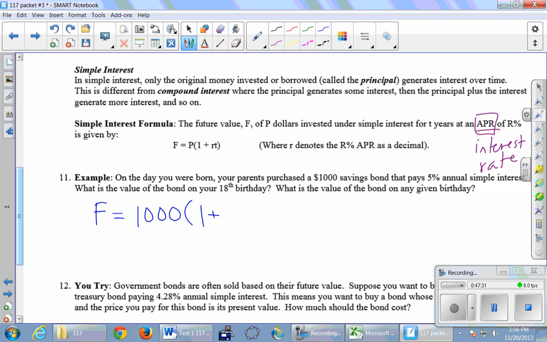But there's this really important note here that says you've got to write that thing as a decimal. 0.05, which is different from using the formulas we had up above, where when we said 40% off, we just put 40, but there was 100 built into that formula. So this guy needs to become 0.05. And that gets multiplied by T, which is time. How much time passes here? 18 years. So that's what we need to calculate.